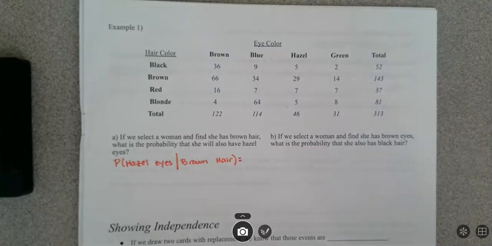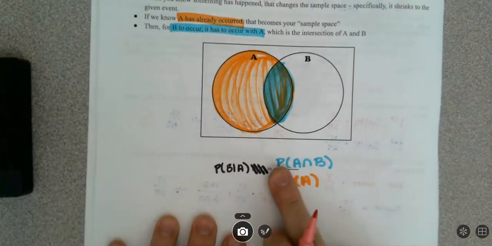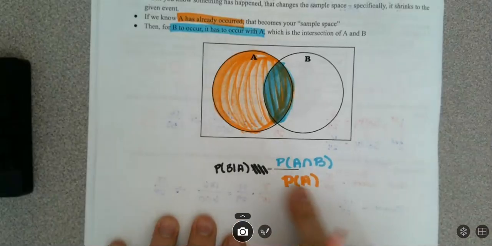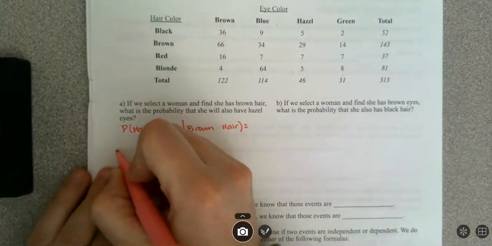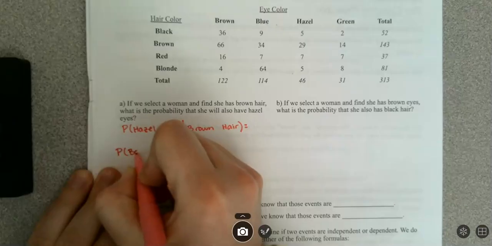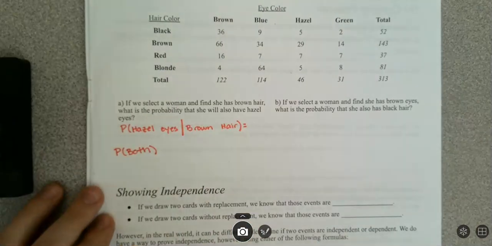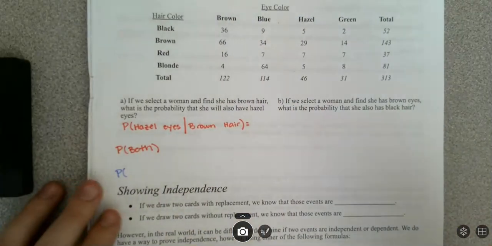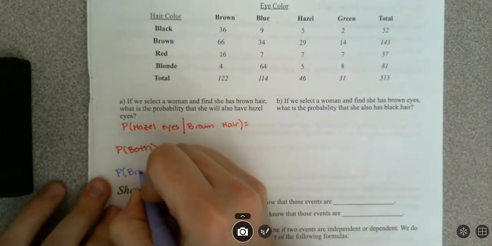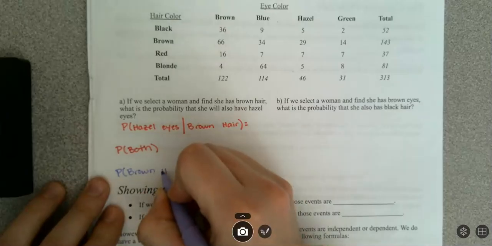If we set up our formula, we have two things to look for: the probability of both items, and the probability of the given item. The given item here is brown hair.